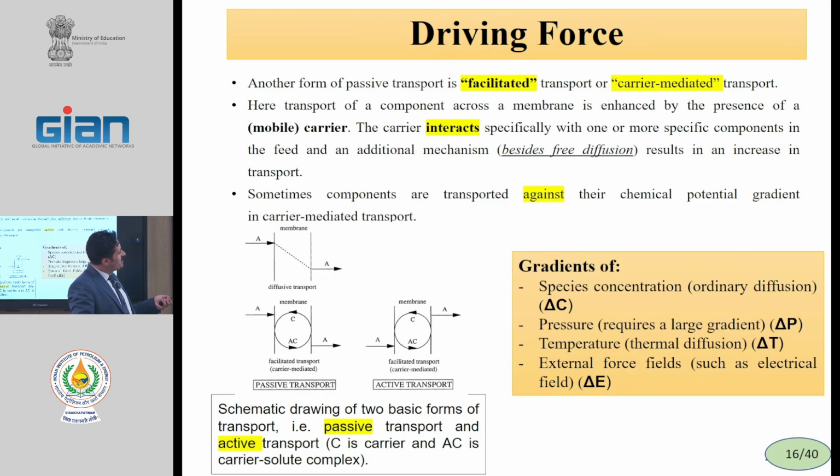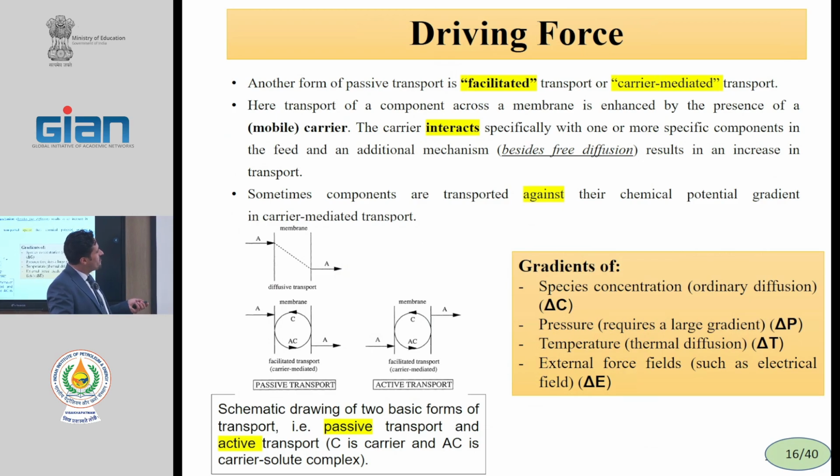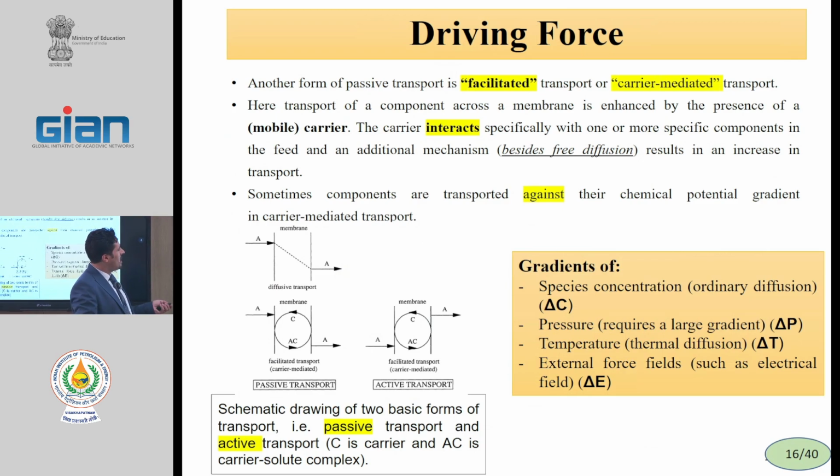In active transfer, we go from low concentration to high concentration, but for this transport we usually need a carrier, which you see shown with C. This carrier comes, interacts with A, goes to the permeate side and releases.